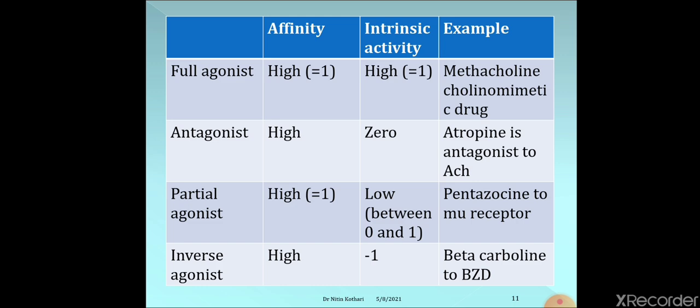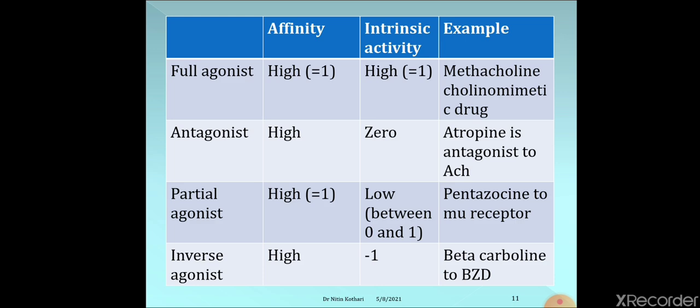For example, beta carboline is the inverse agonist to the benzodiazepine receptor. So there is a difference between inverse agonist and antagonist. Antagonist has intrinsic activity 0, but inverse agonist has intrinsic activity in the opposite direction of full agonist, or opposite direction to partial agonist. This is the difference between antagonist and inverse agonist.